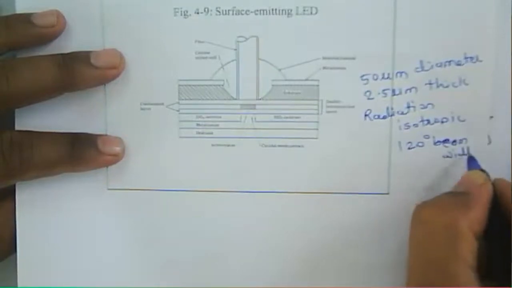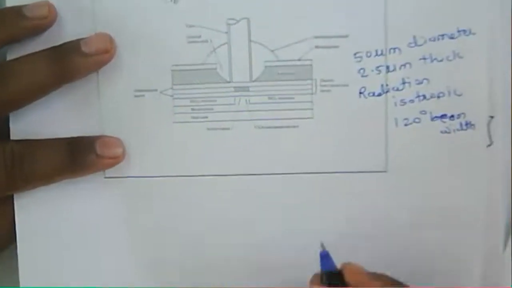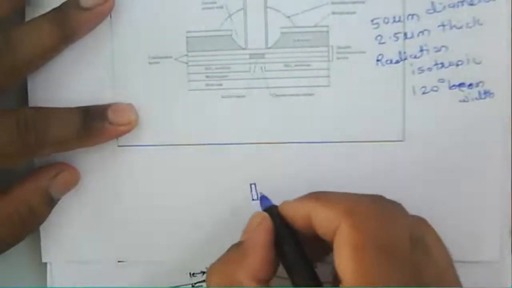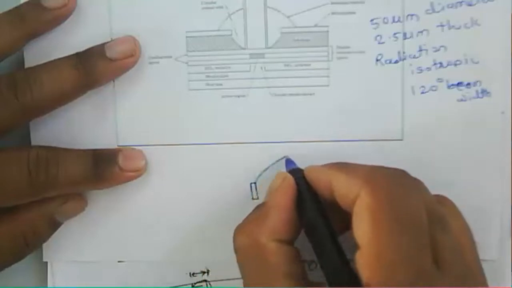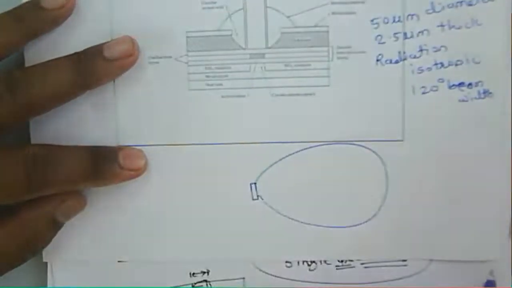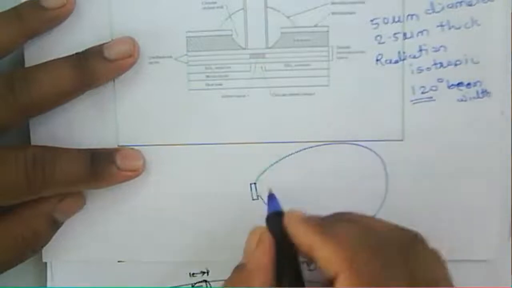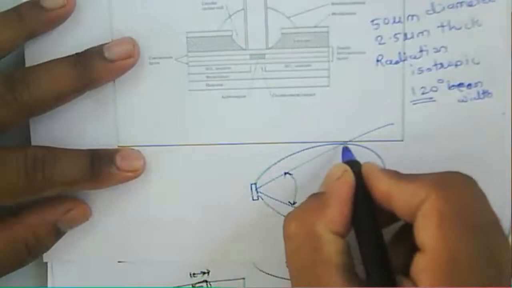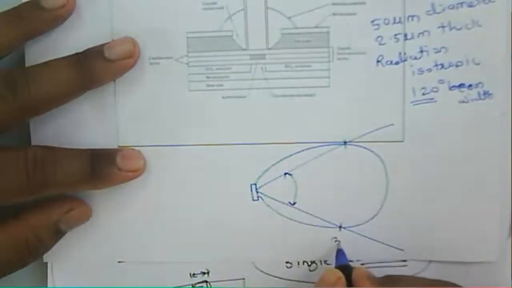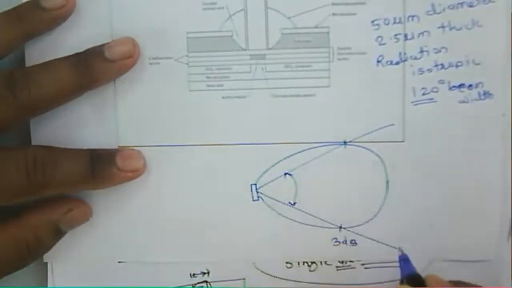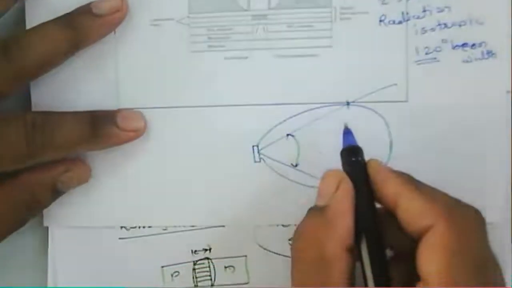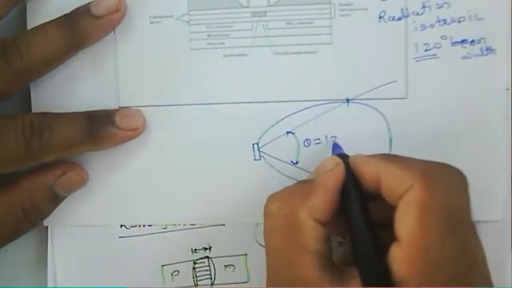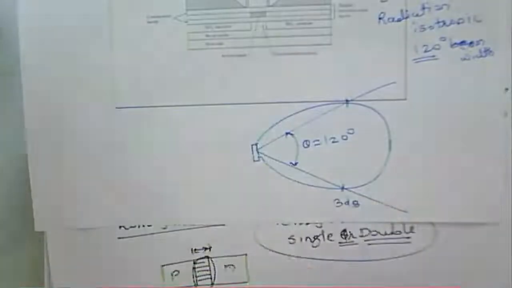We'll come to the topic of how radiation takes place for a given source, where the radiation pattern will look like this. It has a 120 degree beam width: this point is the maximum, and this is the 3 dB or half power point, and the angle theta in between is 120 degrees.